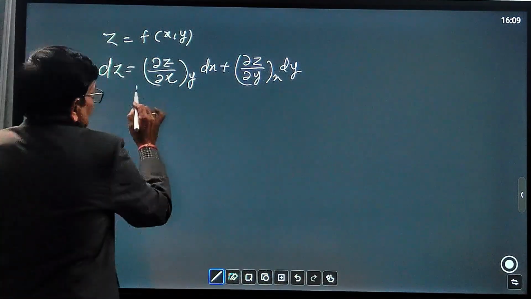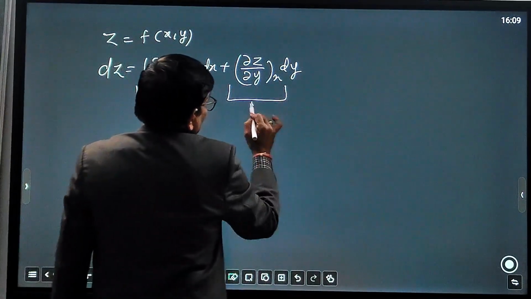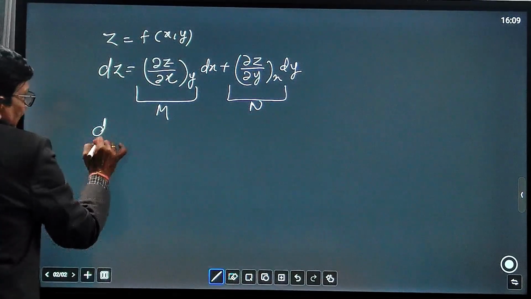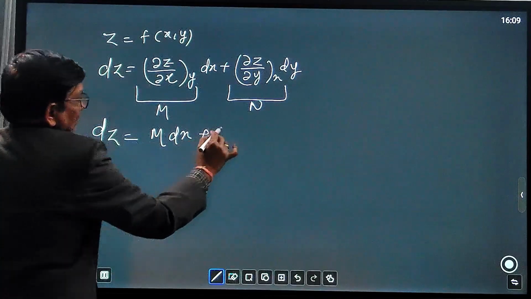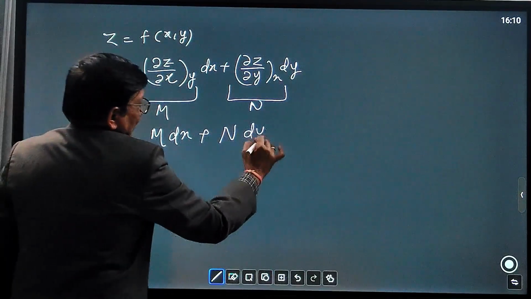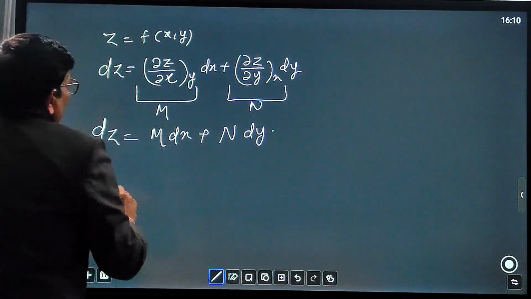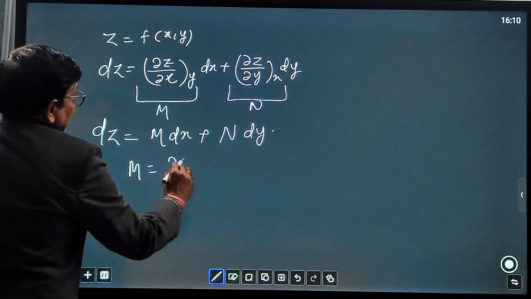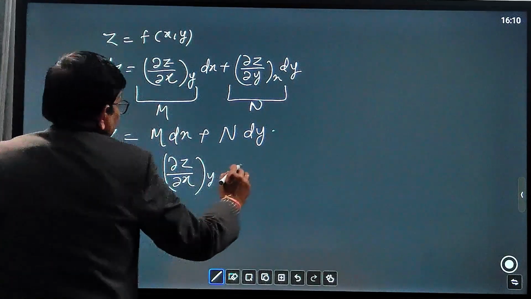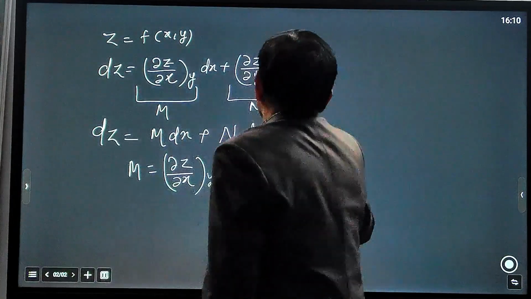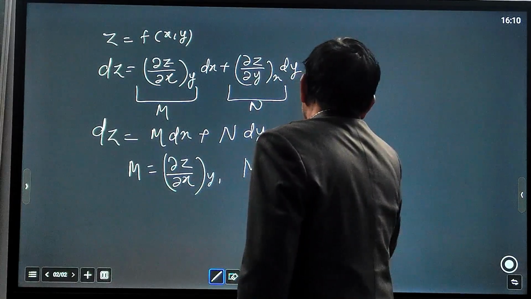Now considering the first quantity equal to M and the second equal to N, this equation simply becomes dz equals M dx plus N dy. Now let us define M equal to (∂z/∂x) at constant y and N equal to (∂z/∂y) at constant x.